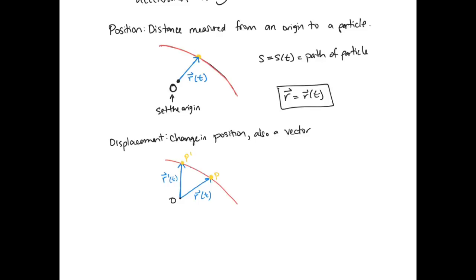So the displacement will actually be the change here. This would be our delta r of t. So if we write this out, our new position, r prime of t, is equal to where our particle was initially, r of t, plus the change in position, delta r of t.